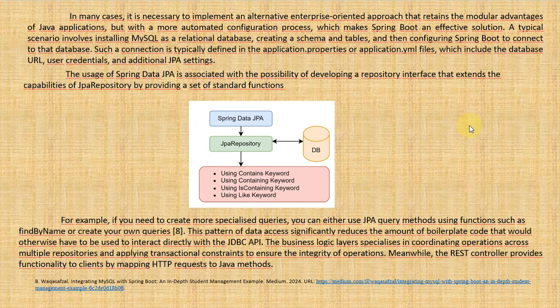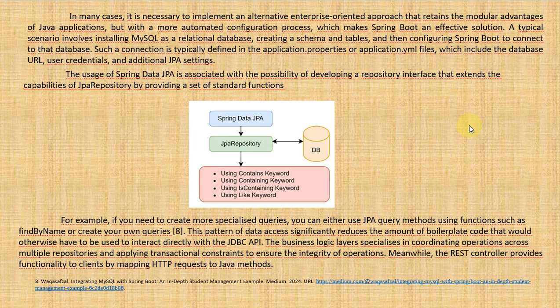In many cases, it is necessary to implement an alternative enterprise-oriented approach that retains the modular advantages of Java applications but with a more automated configuration process, which makes Spring Boot an effective solution.